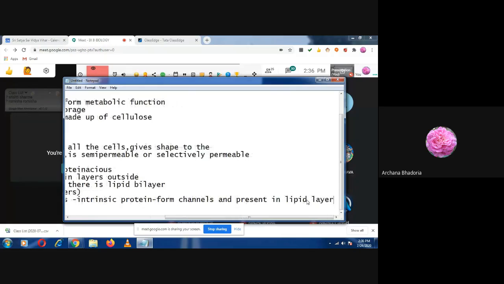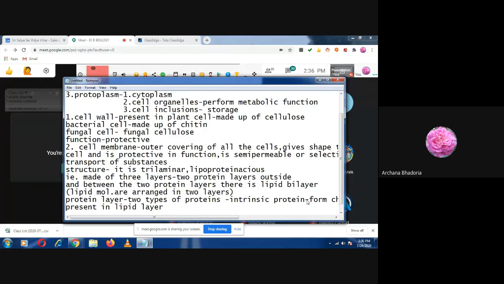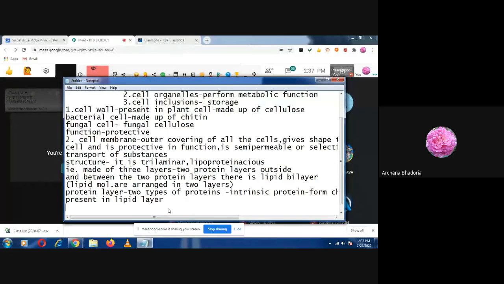Is that clear? Yes, ma'am. Form channels and present in lipid layer. Okay, and the other one, the extrinsic protein, it is present outside. You can write down extrinsic proteins present outside.